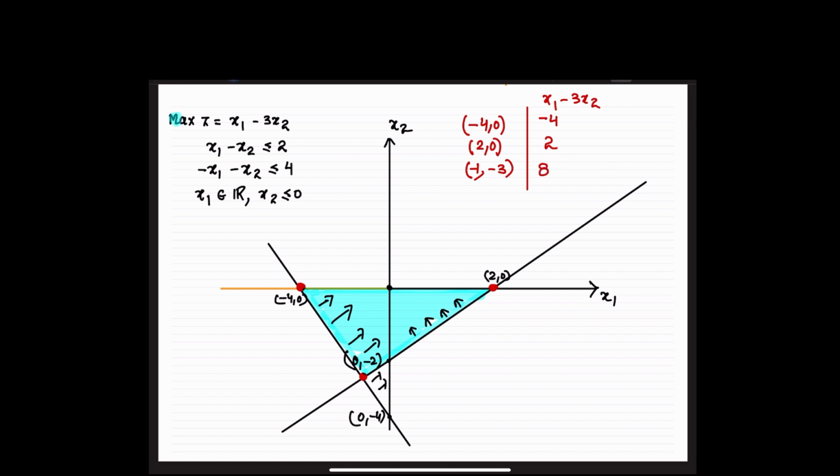We have to choose the maximum. So the maximum is occurring at -1 comma -3. So the point of optima is x1 equals -1, x2 equals -3, z equals 8. So this is the optimal solution to the problem.